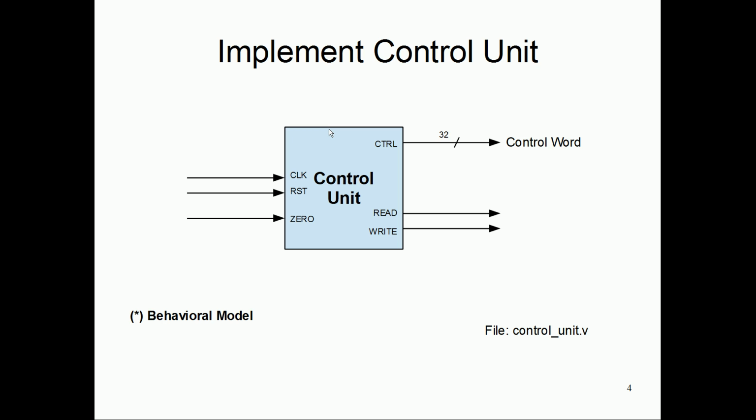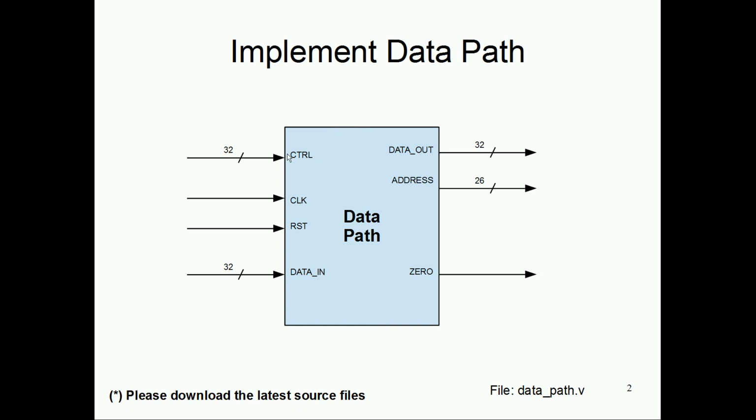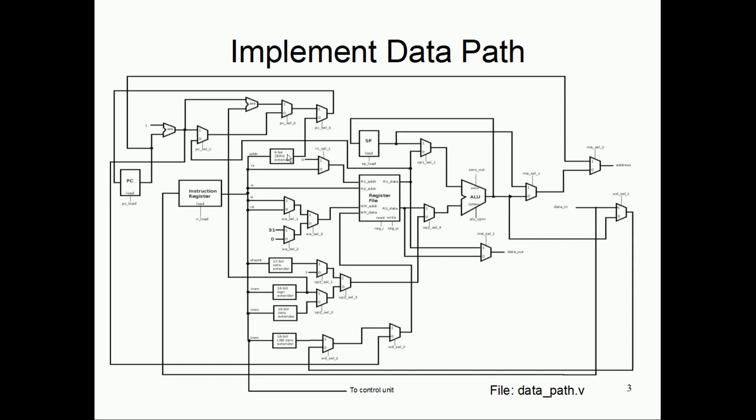That's why instead of issuing individual control signals, we write down a control word to be issued from the control unit, which is 32-bit. Each cycle, each step, we just write out the control word. This control word goes into the data path, and each individual index, depending on your mapping of the control signal, will be connected to one of the control terminals inside the implementation of the data path.